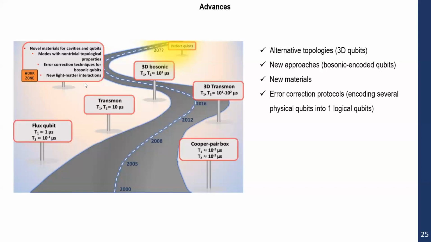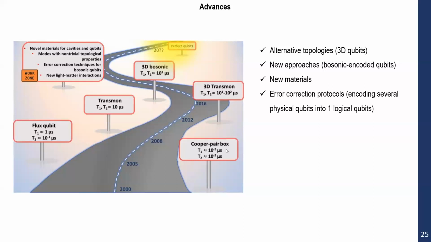And of course, we have some advances in the area. Here I took this picture from our recent paper, demonstrating the progress, starting from roughly the year 2000, when the first Cooper pair boxes appeared. The Cooper pair box works in a slightly different way.